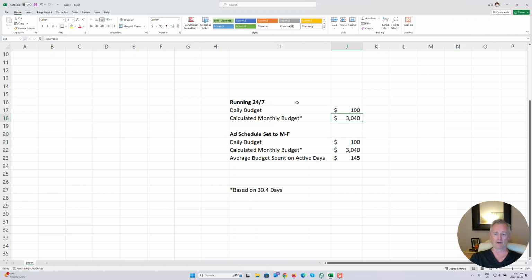If you take this and divide it by 30.4, you'll find that your daily budget should be $69. So again, you have to look at the number of days you're going to be active if you want your daily to come out to that.